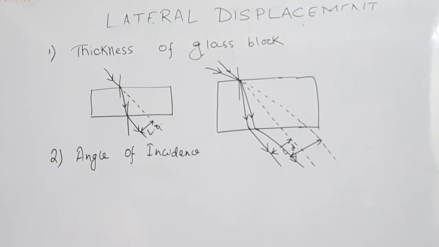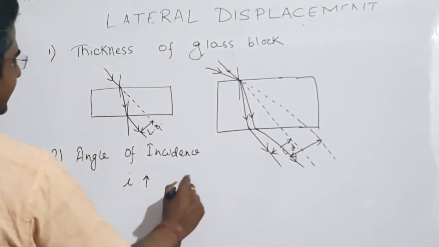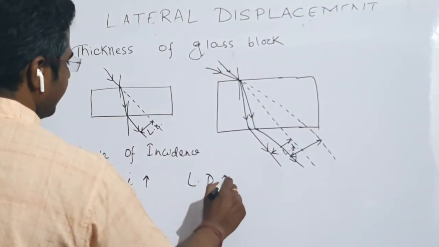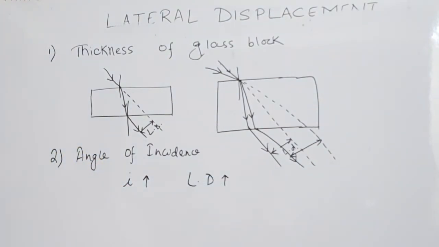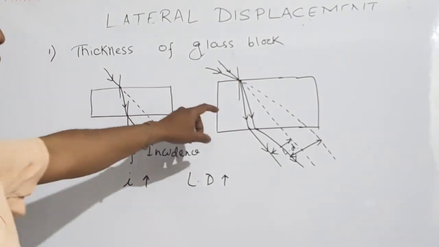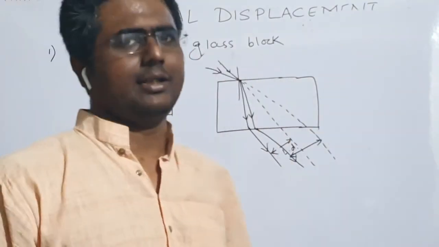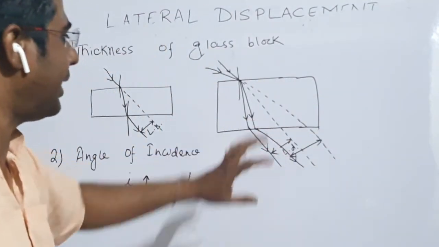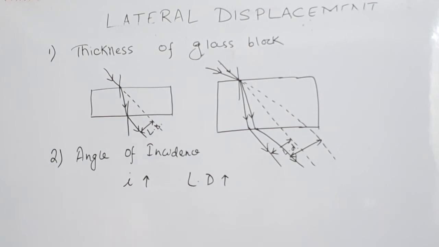Okay, so if angle of incidence increases, lateral displacement also increases. I will suggest you draw by scale, take some angle as I have done, measure it and see what happens. That will be better.